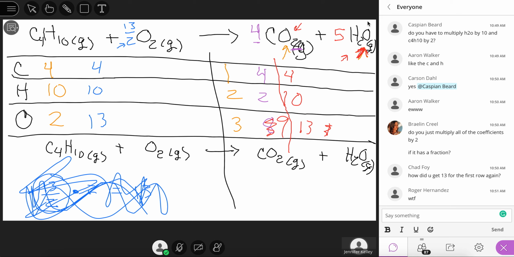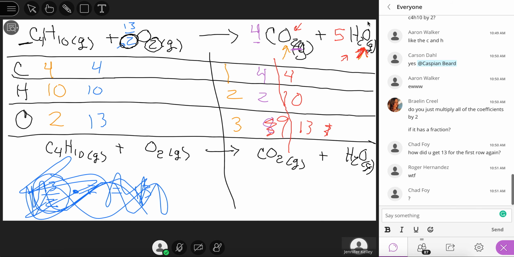I know to multiply by 2 because that's what my fraction was. I know that 2 is going to be on the bottom of my fraction because 2 is right here. All right, so initially I had no coefficient here, so that means a 1. 1 times 2 is 2.